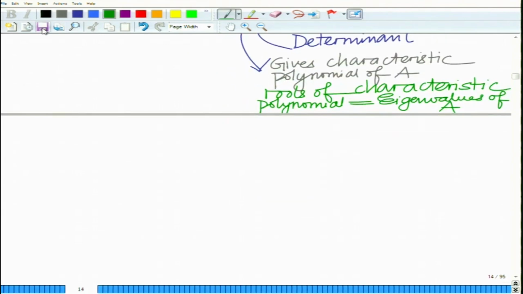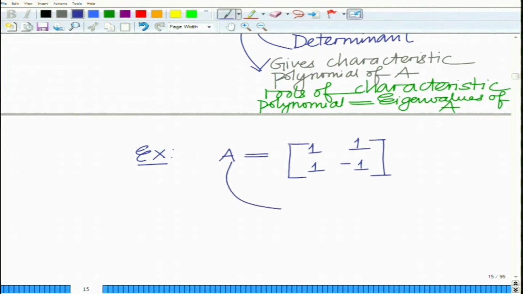For example, let us say A is the matrix [1 1; 1 -1]. Let us take this simple 2 cross 2 matrix. Okay.